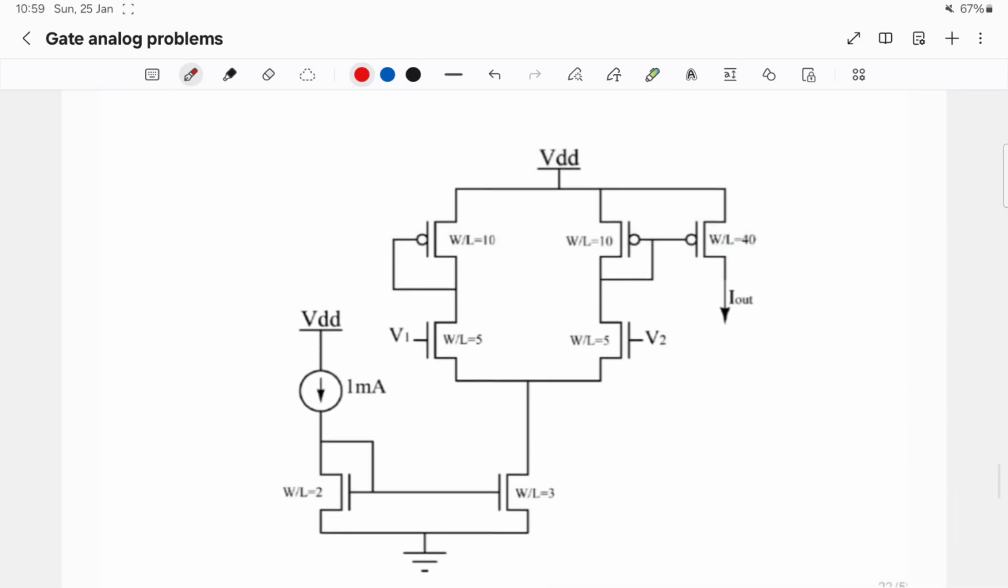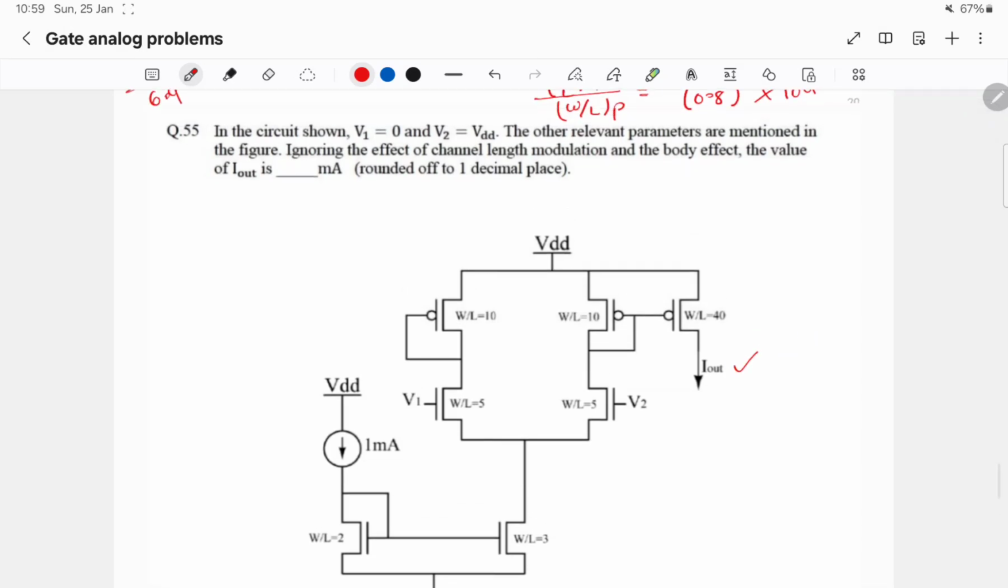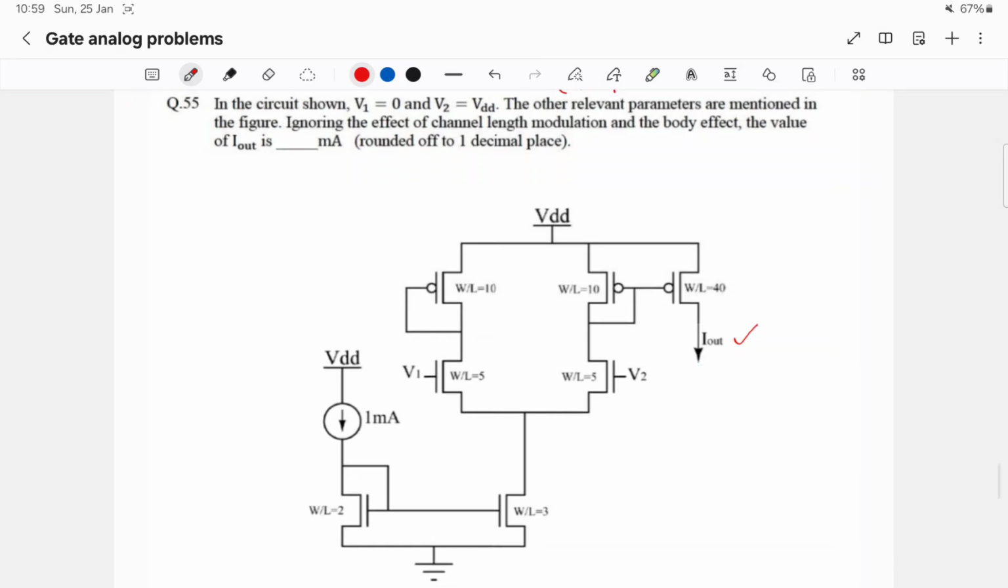In this question they have asked us the output current I out. Basically, in this biasing based question we are finding out the operating voltages and operating currents, basically ID and VDS related problems.